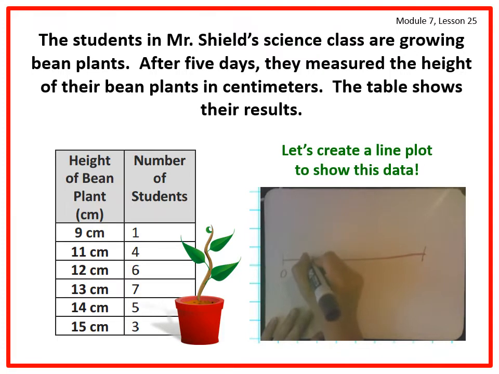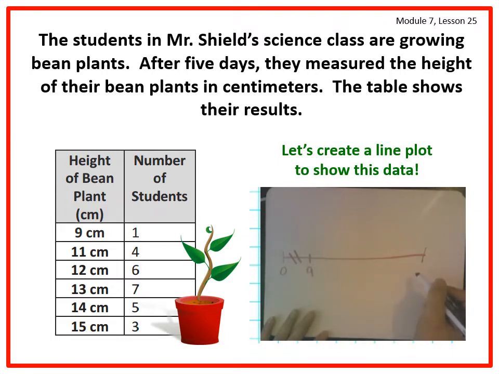9. So we're going to start with the number 9, and because of that, we need to remember to put our slashes, because those slashes remind us that there's no data information before the 9. So we put slashes, we put 9, and what number are we going to stop at? Yes, 15. So we're going to put 9 and go all the way to 15.